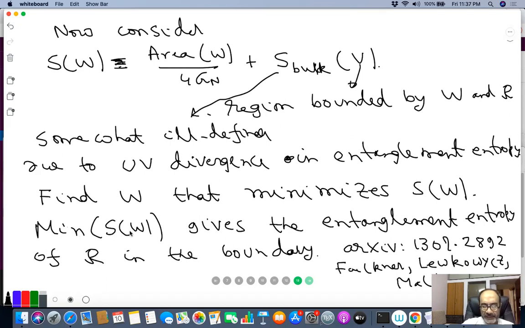The way they proved it is that they started with the definition of entanglement entropy in the boundary theory. There is a procedure by which you can calculate entanglement entropy in quantum field theory, which is using the replica trick. Then they tried to convert that path integral in the boundary, which the replica trick gives, into a path integral in the bulk theory, using the AdS/CFT dictionary. And that's the way they eventually arrived at this form.